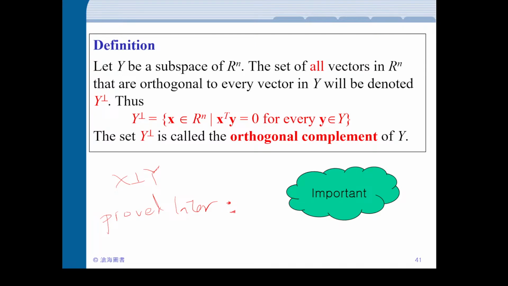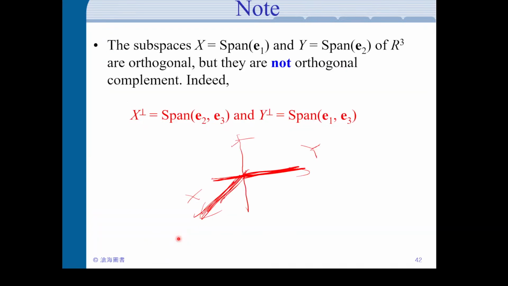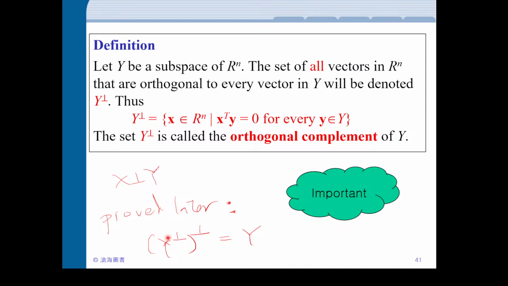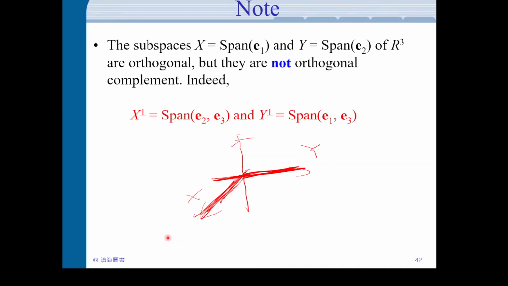If you have any subspace, let's say Y, and you take its orthogonal complement, which is a subspace, and then take the orthogonal complement again, you go back to your Y. This is one of the theorems we'll prove today. You can see it intuitively here: if you have X and its orthogonal complement is this YZ plane, then the orthogonal complement of the YZ plane is back to the X-axis. Okay, so this is orthogonal complement. Any questions?